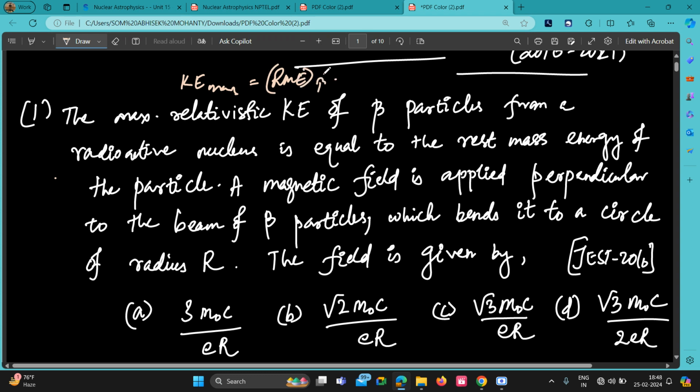A magnetic field is applied perpendicular to the beta particles, which bends it into a circular motion. So the beta particles are moving in a circular motion of radius r. The field is given by. So how do you approach it? Just try this question first.